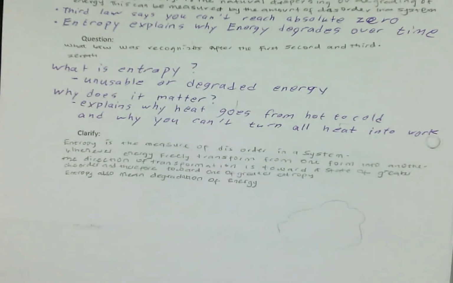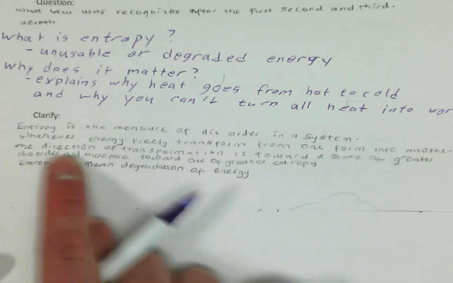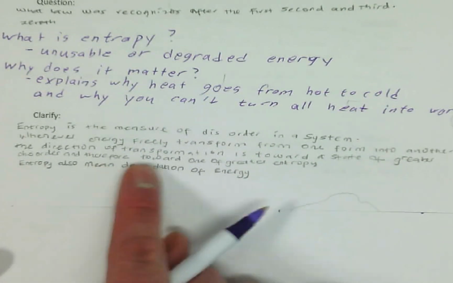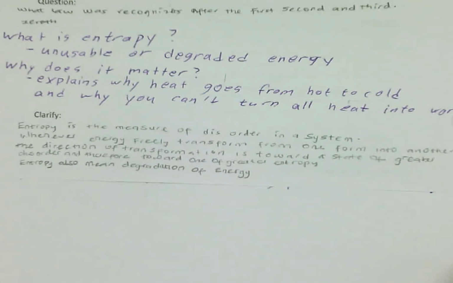Okay, here's the clarification part. Entropy is the measurement of disorder in a system. When energy freely transforms from one form to another, the direction of transformation is towards the state of greater disorder, and therefore towards one of greater entropy. Entropy also means the degradation of energy.